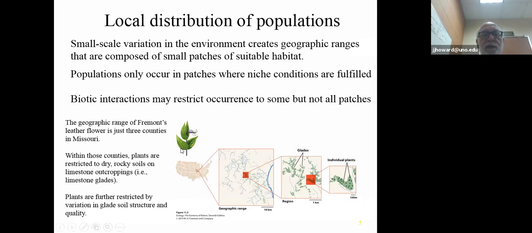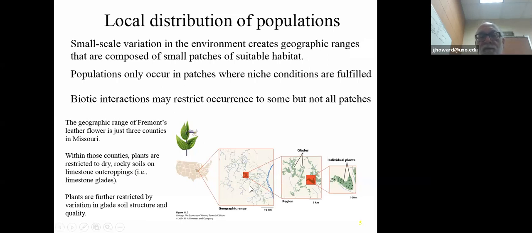So here is a rare plant, Fremont's leather flower, and it's restricted to 3 counties in Missouri, but its niche is defined by dry, rocky soils on limestone outcroppings. Well, these 3 counties in Missouri are not composed strictly of that set of conditions. There are patches within those 3 counties that have those conditions.